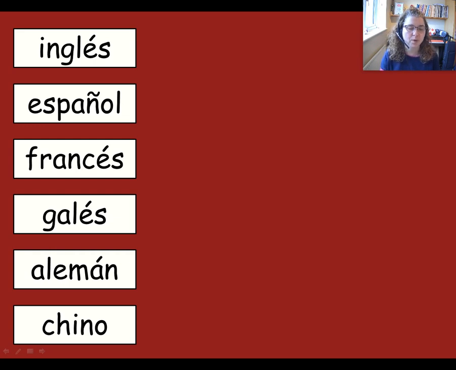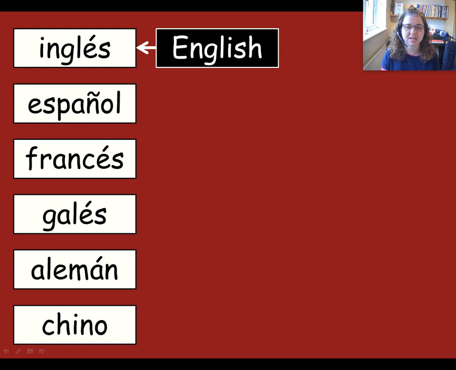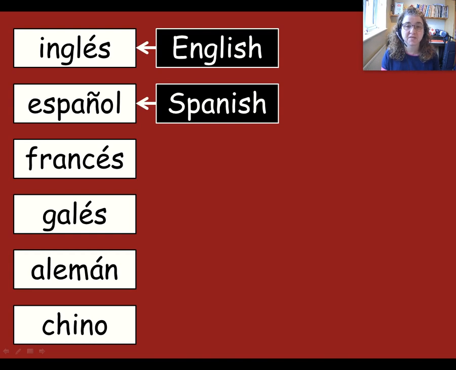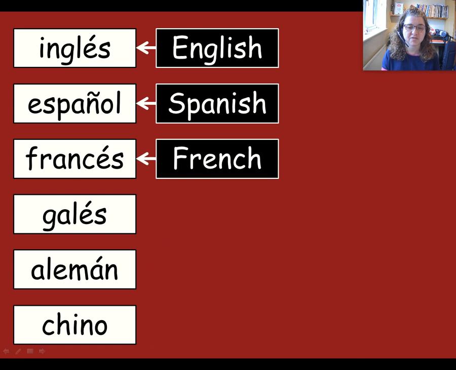So last time we were learning the names, weren't we, of 6 different languages. Here they are on the left. Let's see if you can remember what they mean in English. So firstly, Inglés. Can you remember what that is? Right, it's English. How about Español? Quite an easy one. Spanish. And Francés is French.